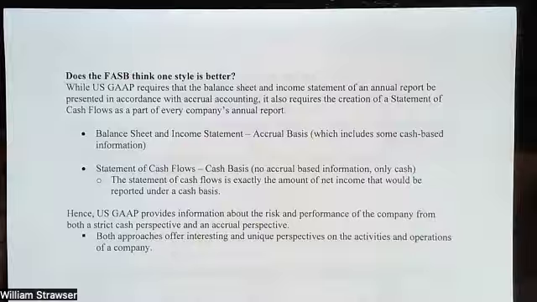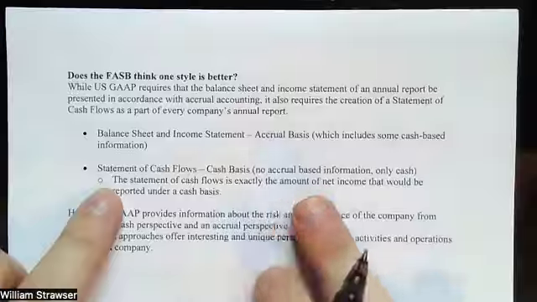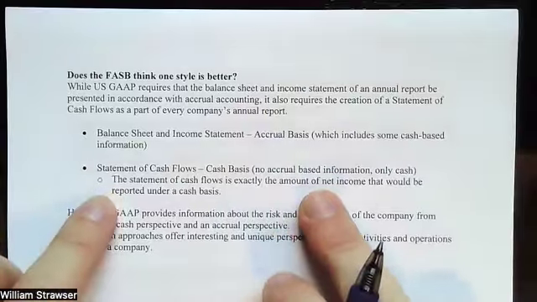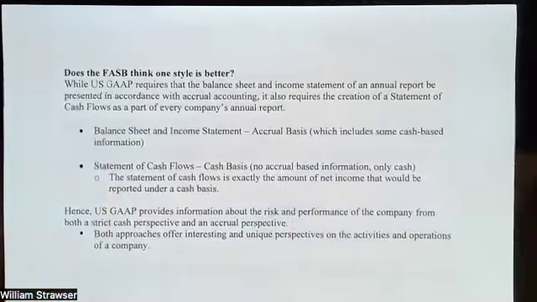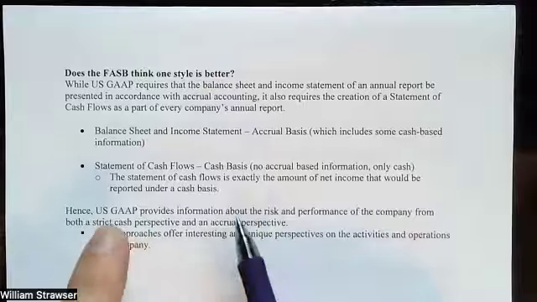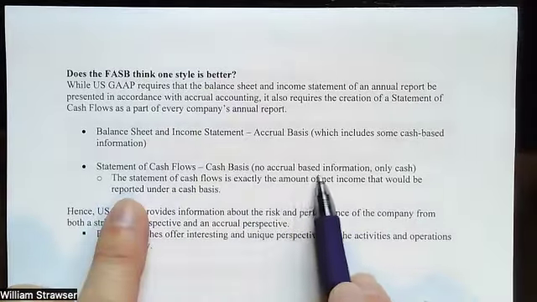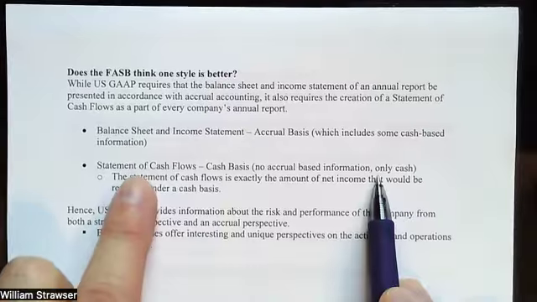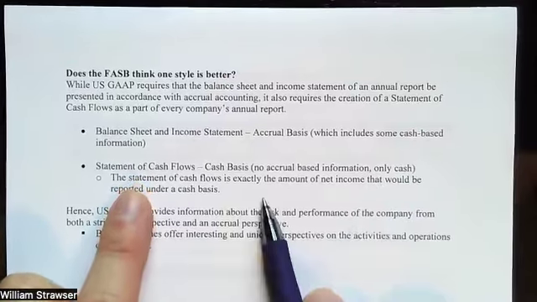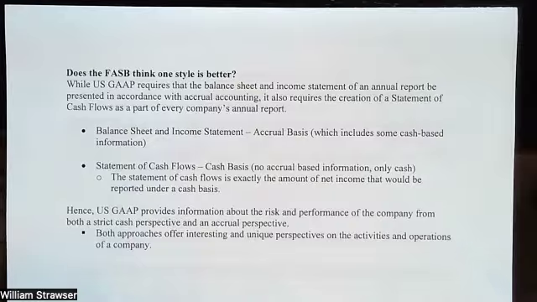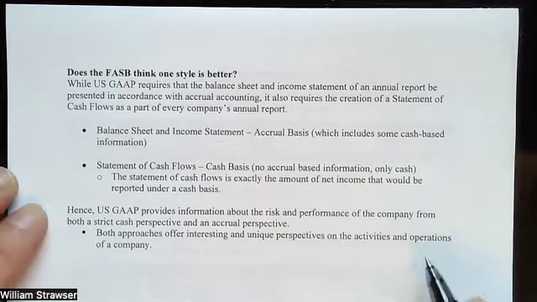There is, however, one financial statement that is purely cash flow, and that is the statement of cash flows. It's pure cash basis. There's absolutely no accrual information on the statement of cash flows. In fact, in order to create it, we have to reverse a lot of the accruals that the company might have recorded in order to find the cash flow and prepare the statement.